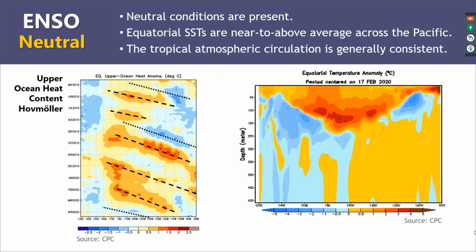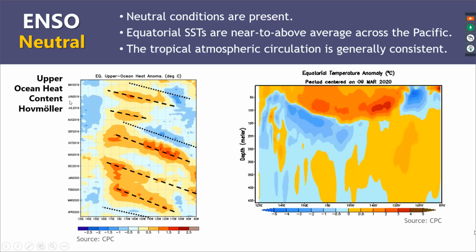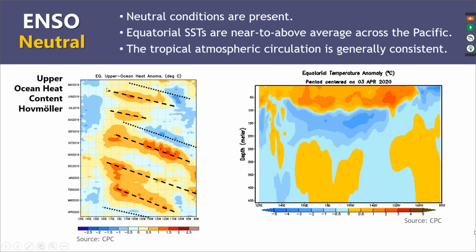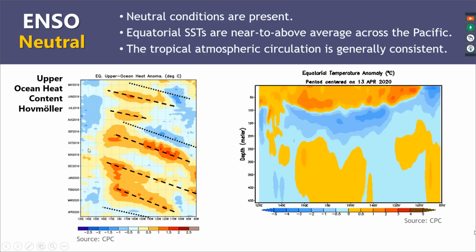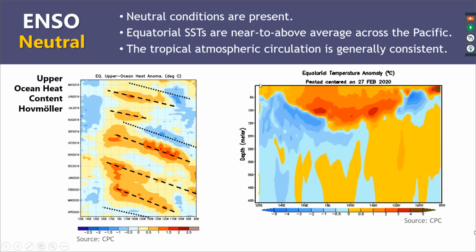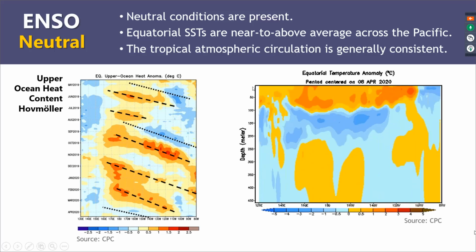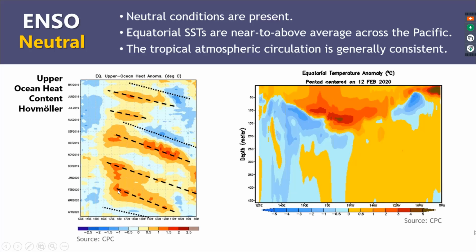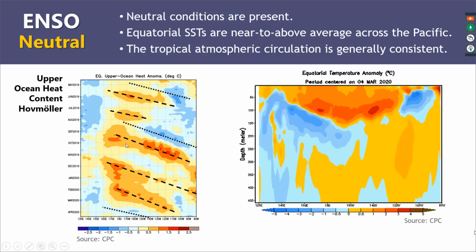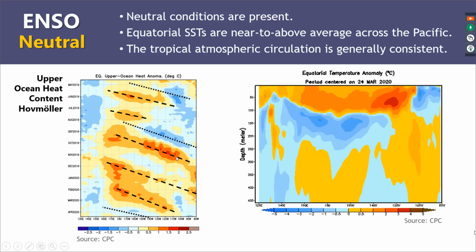And now what we have on the left is the Hovmöller diagram showing the heat content and the propagation across the Pacific. And on the right, we have the cross-section of temperature near the equator. On the left, we can see these propagating downwelling Kelvin waves in yellow and oranges.